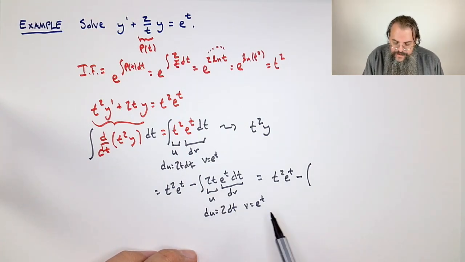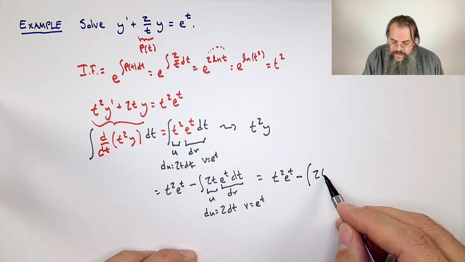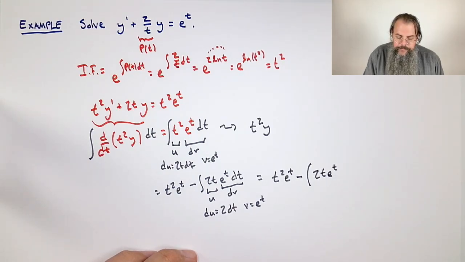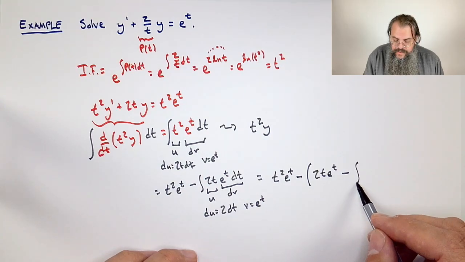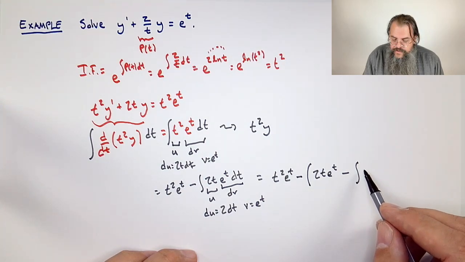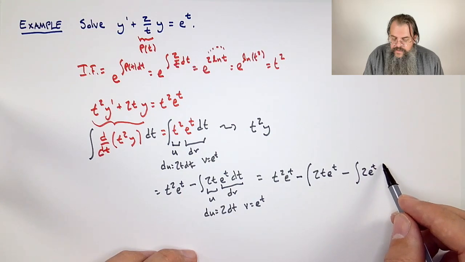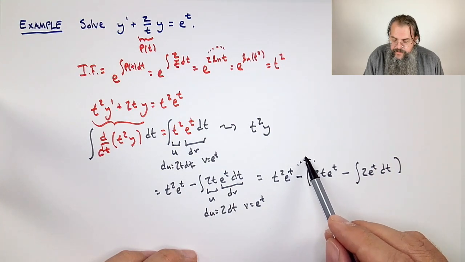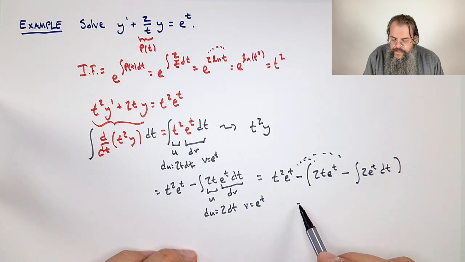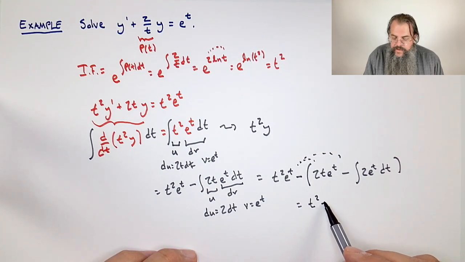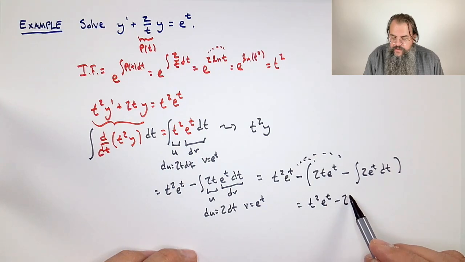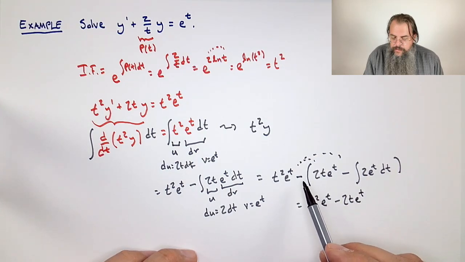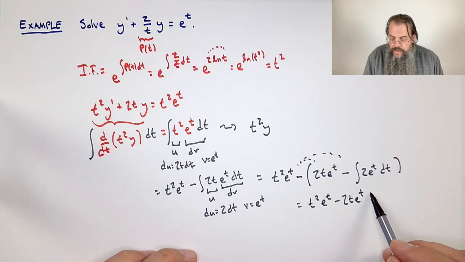Okay, so we have uv, so that'll be 2t e to the t minus the integral of v du, so 2 e to the t dt. Remember the minus comes through. So what do we have? We have t squared e to the t minus 2t e to the t. Minus minus makes a plus.